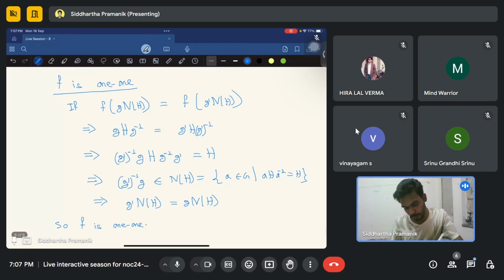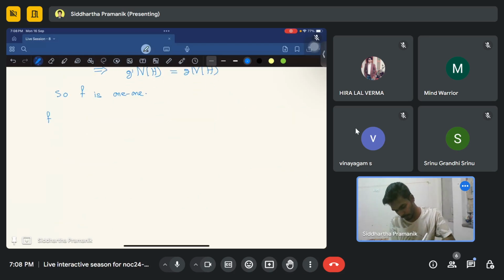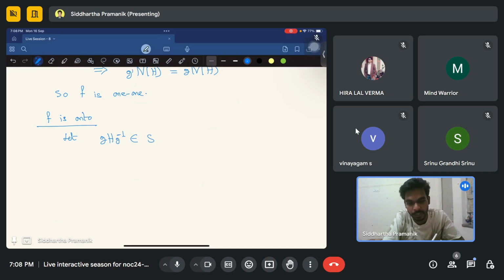So now we need to prove f is onto. So this is easy actually. Let gHg inverse be a conjugate subgroup of H. We need to find a pre-image for this. Then gNH, this left coset, belongs to this set G mod NH.